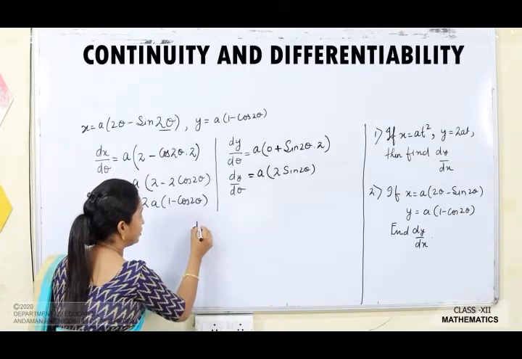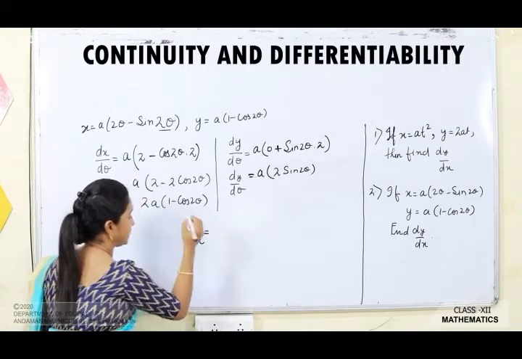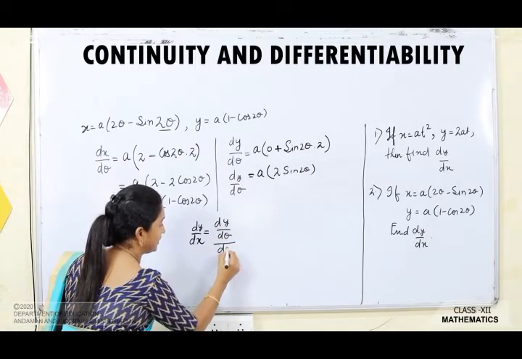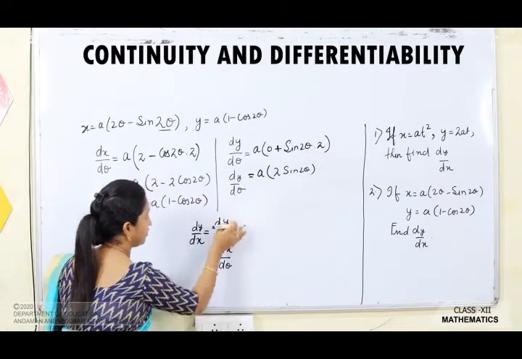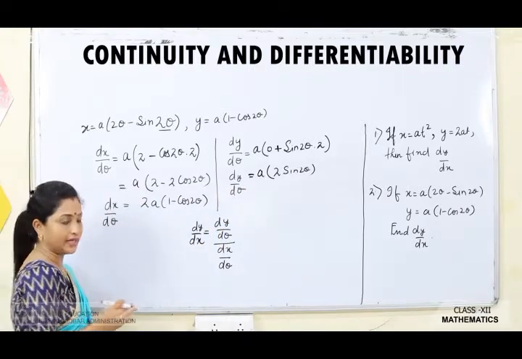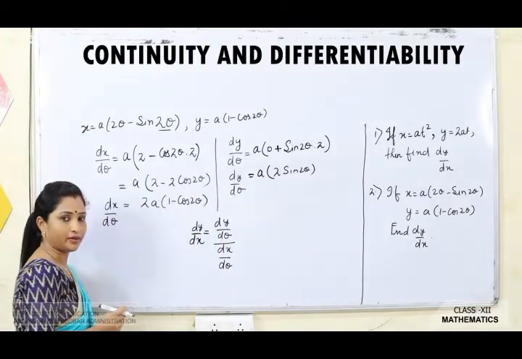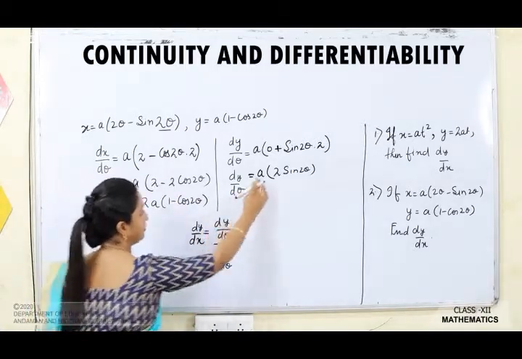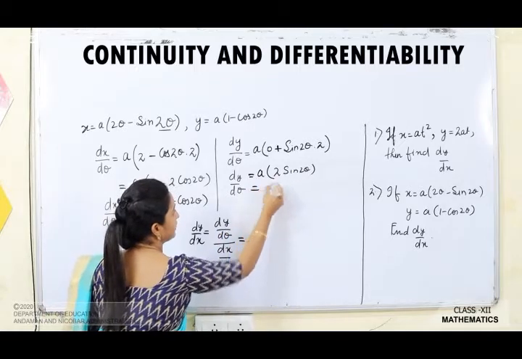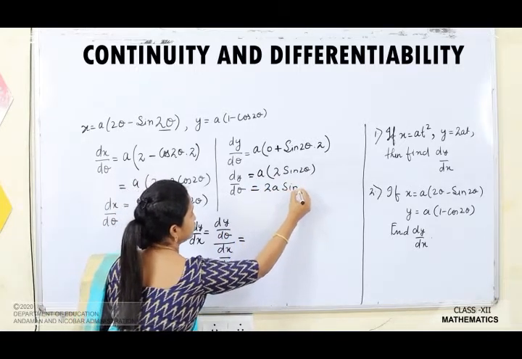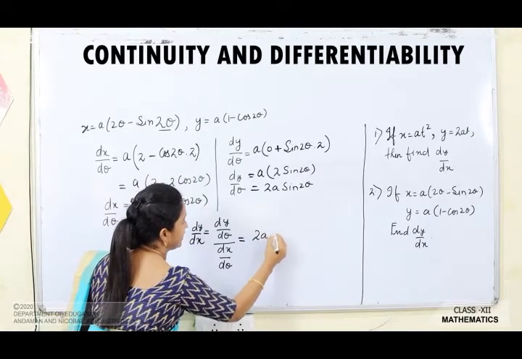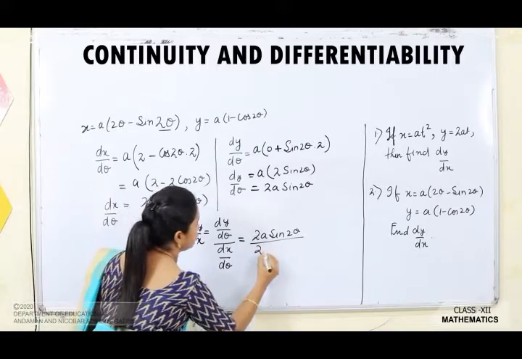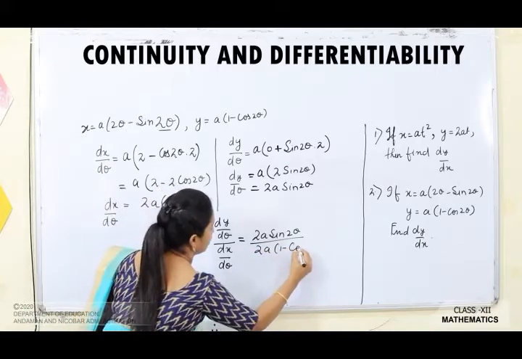Now finally you have to find dy by dx. dy by dx can be written as dy by d theta divided by dx by d theta. Whatever these two are, if you divide them you will get dy by dx here. So you will substitute the value of dy by d theta, which again can be simplified as 2a sin 2 theta, by 2a(1 minus cos 2 theta).